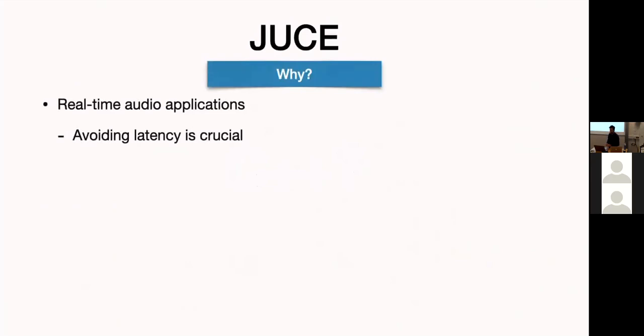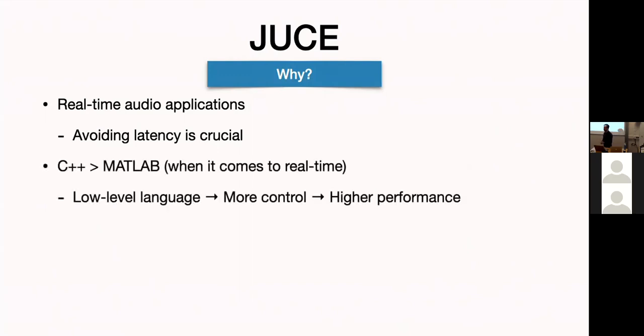Yeah, let's get going. So why would we use JUCE? We use JUCE to create real-time audio applications because avoiding latency is crucial. If you want to create a synthesizer, you don't want to press a button and then wait a second before your sound gets back, right? So if you want to make real-time audio plugins, they need to be in real time. And as you guys here know, MATLAB is not very good at real-time stuff.